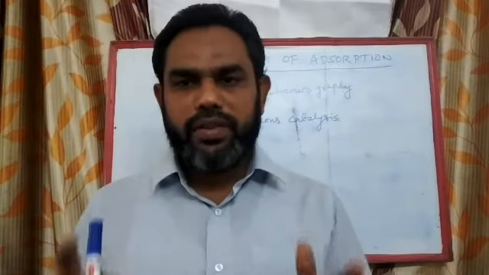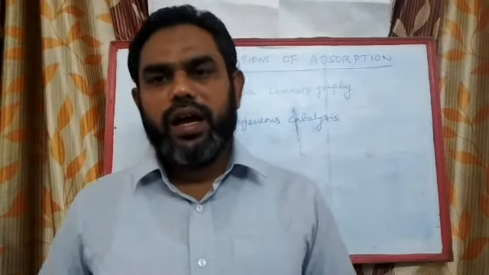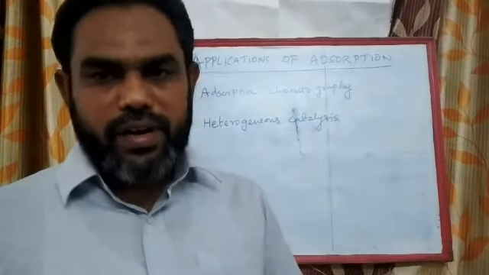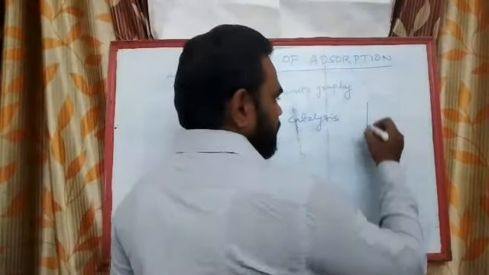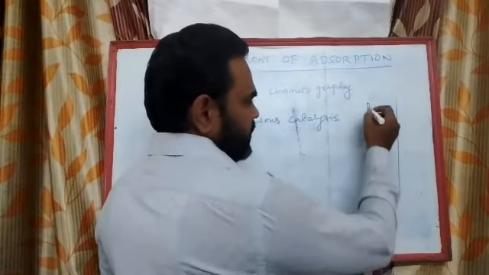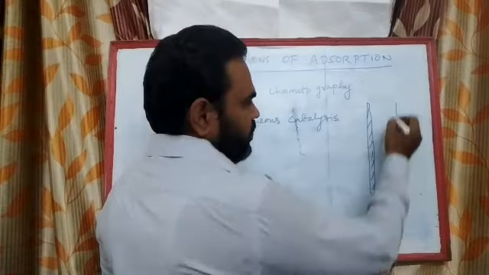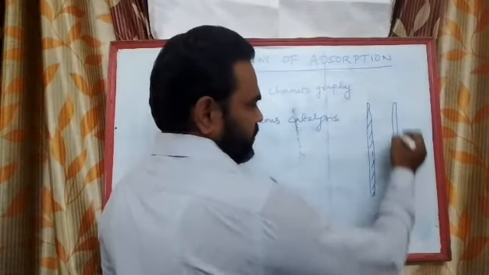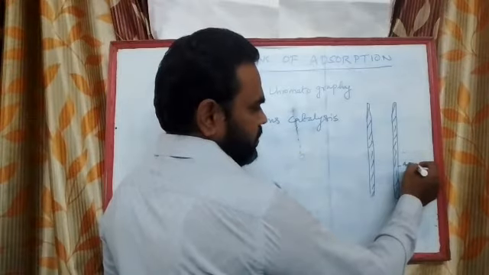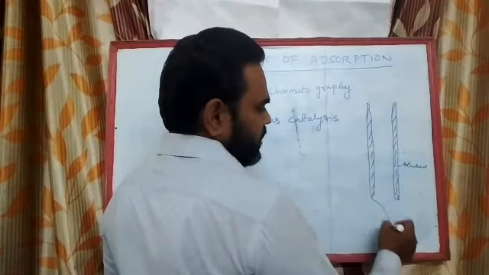The column packed with alumina or silica gel helps to adsorb the compounds at a different rate. Say for example, in a column chromatography, the silica gel or alumina is packed in the column. So we can assume this as an adsorbent.